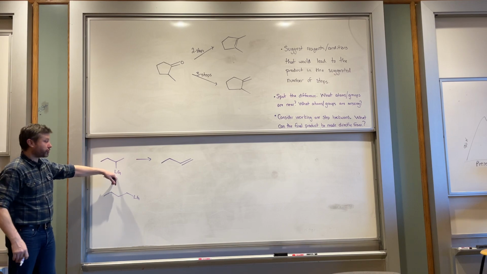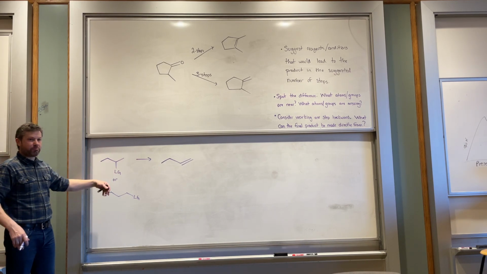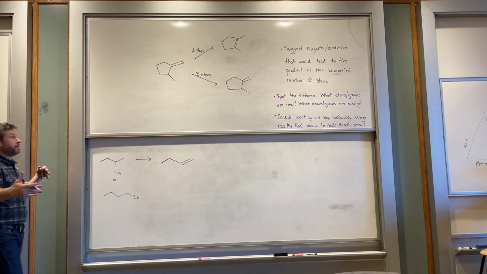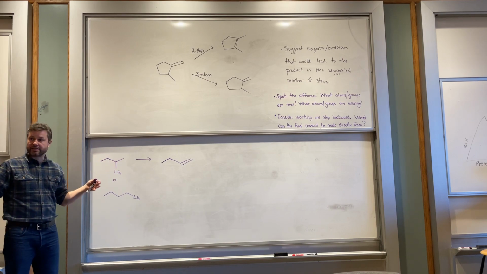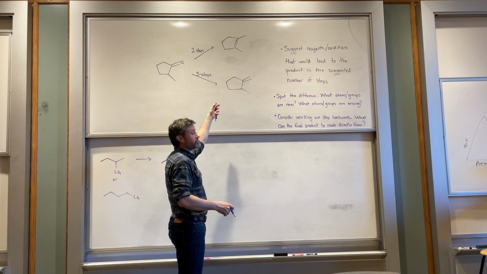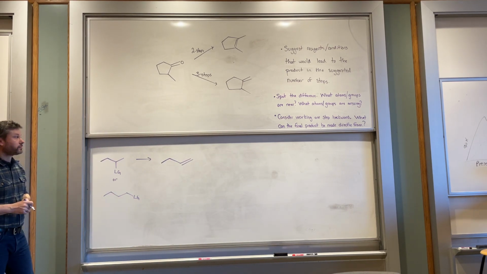If it's just an OH, maybe you need to protonate it, form water. If it's a halide, maybe you just apply a base. But you can often think one step backwards in order to shorten the overall synthesis. So if you can imagine a starting material, it's not necessarily a specific starting material, just a general structure.